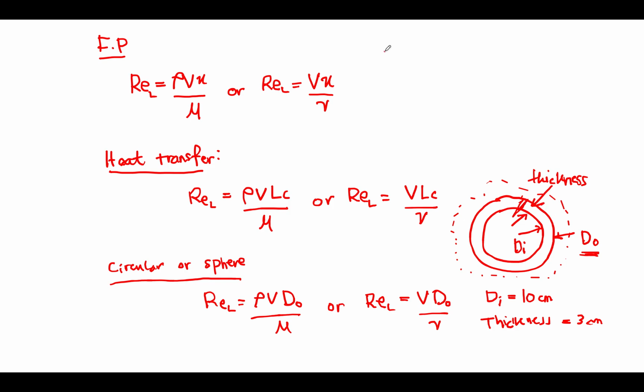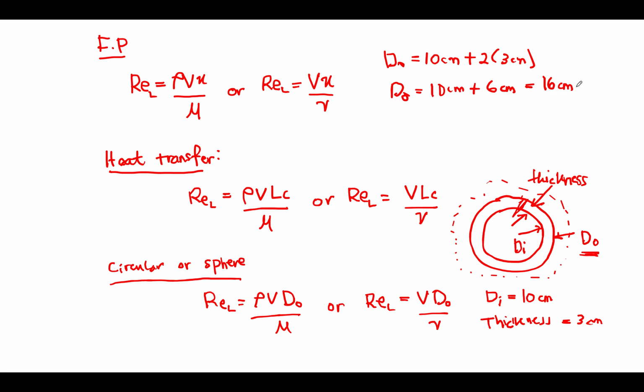Therefore, to find D out, you sum up 10 centimeter with 2 times 3 centimeter, so D out will be 10 centimeter plus 6 centimeter, which is 16 centimeter for the diameter outside.